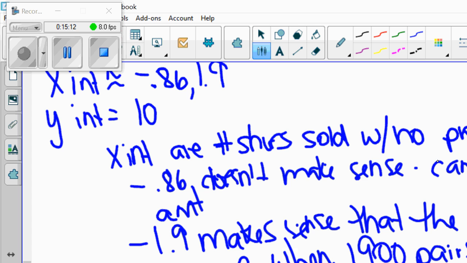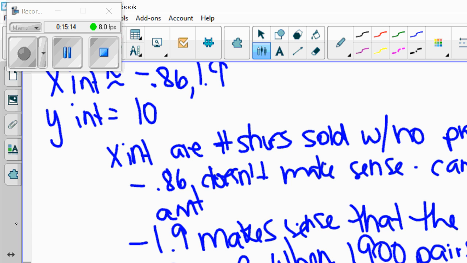The y-intercept here at 10, right? Basically saying that we would have a profit when we haven't sold any shoes. The y-intercept doesn't make sense because, again, we can't have a profit when we haven't sold shoes.